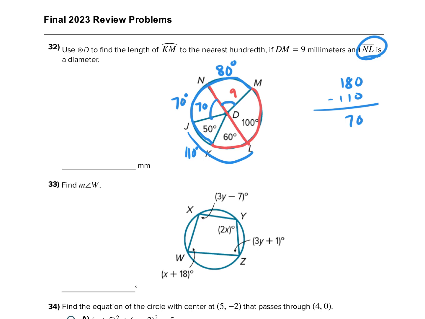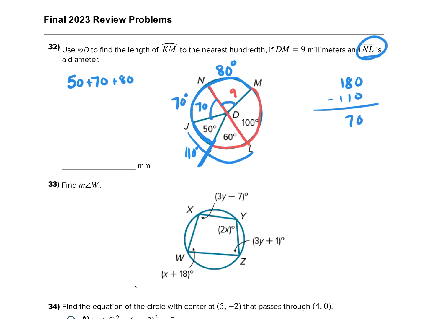Okay, so remember, with central angles, the arc is the same measure as the angle. So if I'm following my blue arc, which actually starts here, K to M, I'm adding 50 plus 70 plus 80.